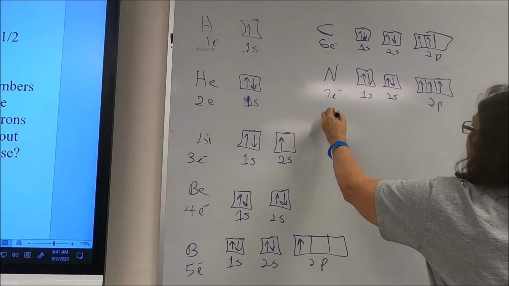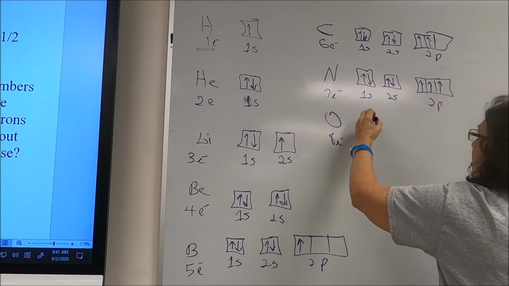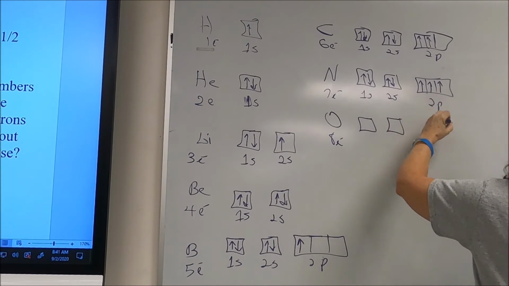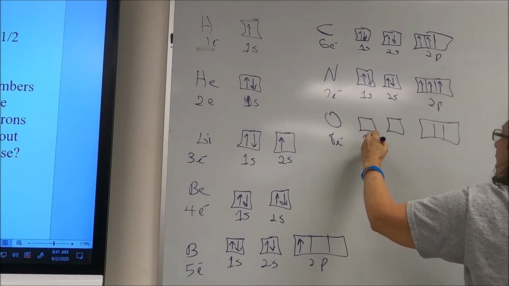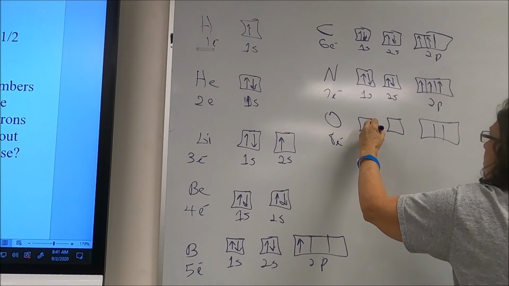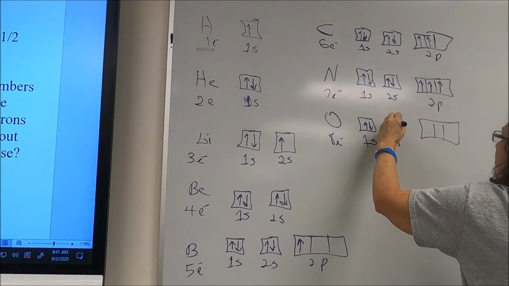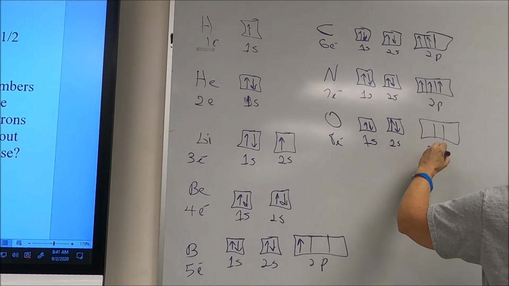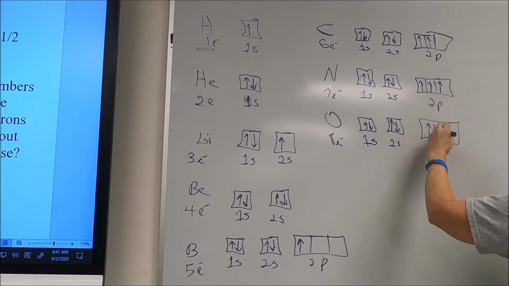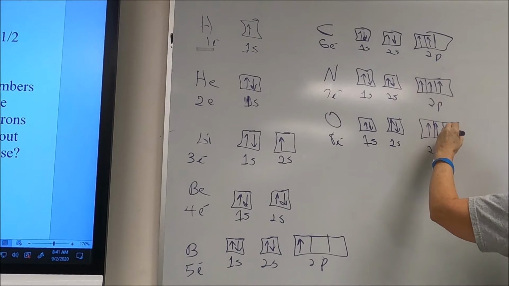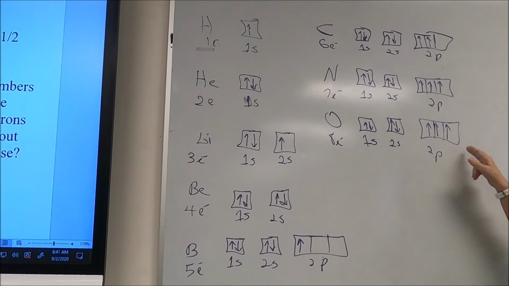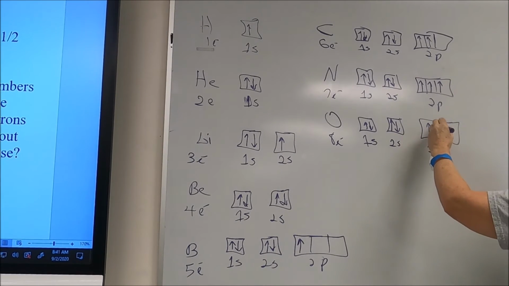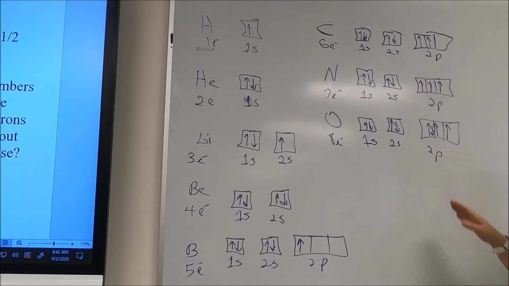We move on to oxygen with 8 electrons. I have 1s that has 2, 2s that has 2, 2p has 1, 2, 3, and now one of those has to be paired up. Doesn't matter which one. I usually start from the left and work my way right, but you don't have to. So you can see that oxygen has 2 unpaired electrons.